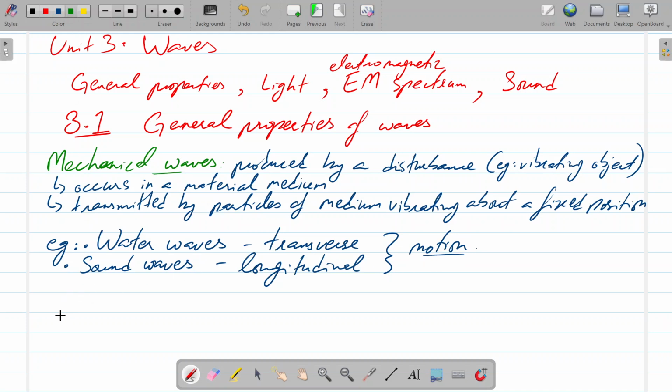Next up are progressive waves. Progressive waves are also called traveling waves.